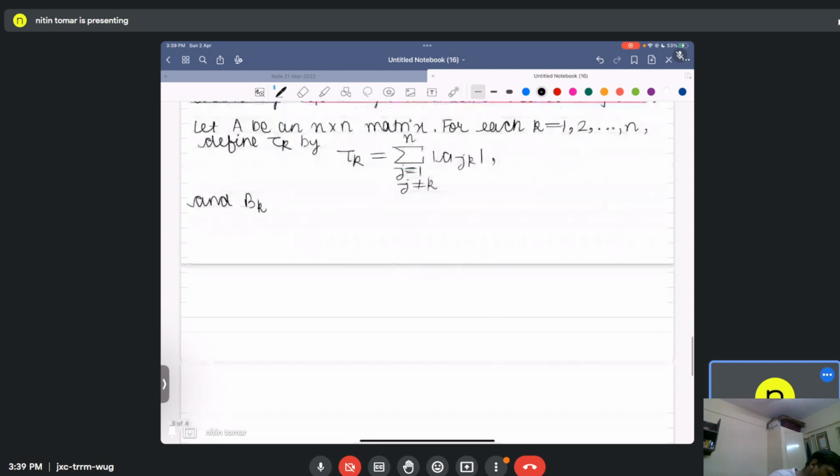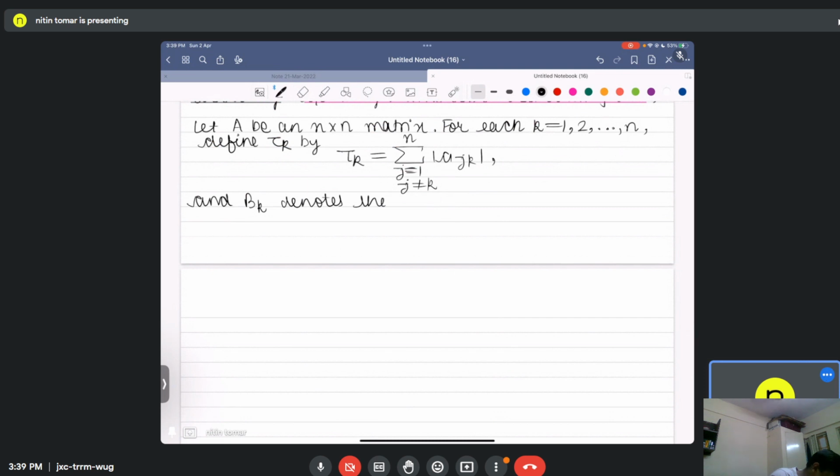And Dk denotes the closed disk, now the center is the same but the radius is the column sum, given by z such that |z minus akk| is less than or equal to tau k.